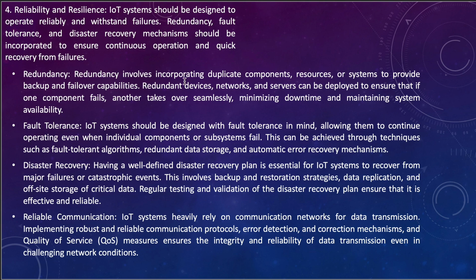Redundancy involves incorporating duplicate components, resources, or systems to provide backup and failover capabilities. Redundant devices, networks, and servers can be deployed to ensure that if one component fails, another takes over seamlessly, minimizing downtime and maintaining system availability.